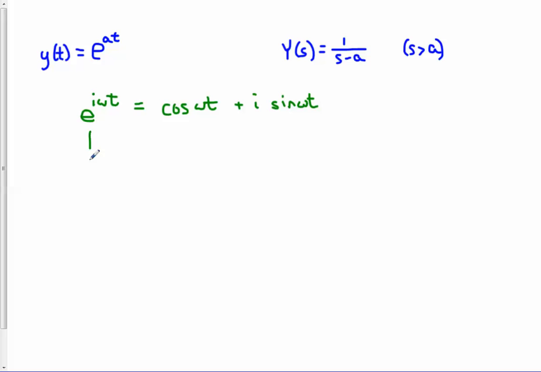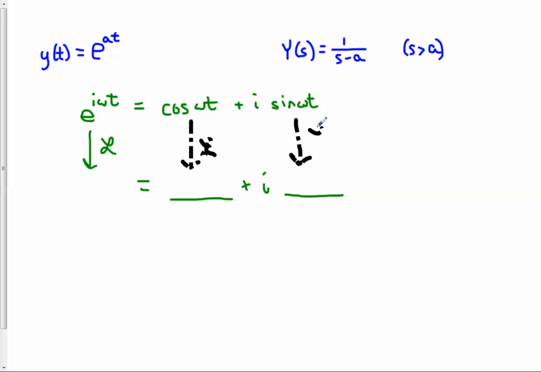And so what we're going to do is take the Laplace transform of the complex exponential and then write that as a real part plus an imaginary part. And what we're going to conclude is that the real part that we get is the Laplace transform of cosine omega t, and the imaginary part that we get will be the Laplace transform of sine omega t.